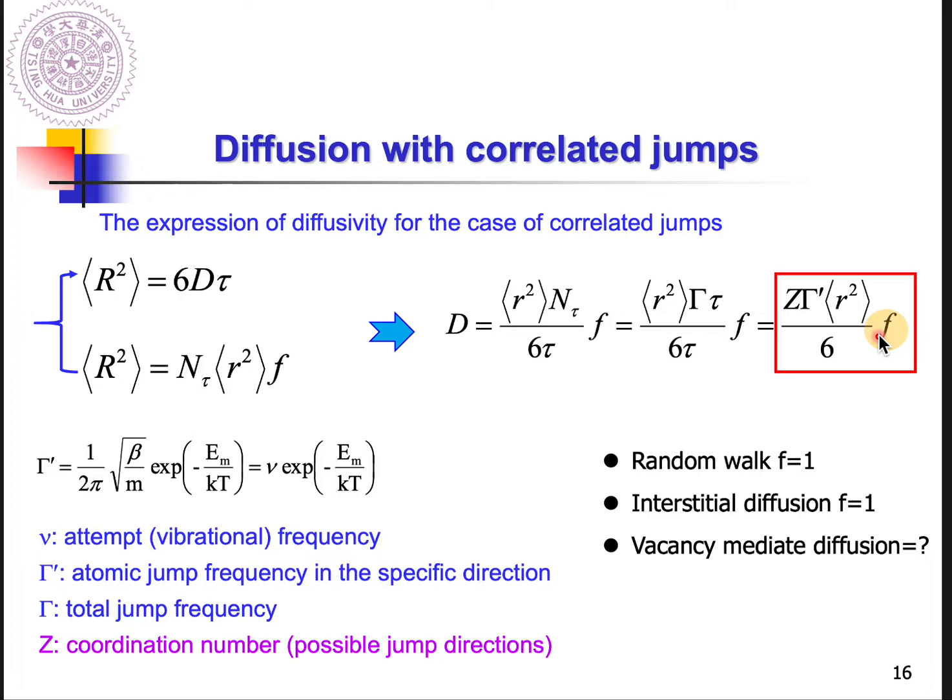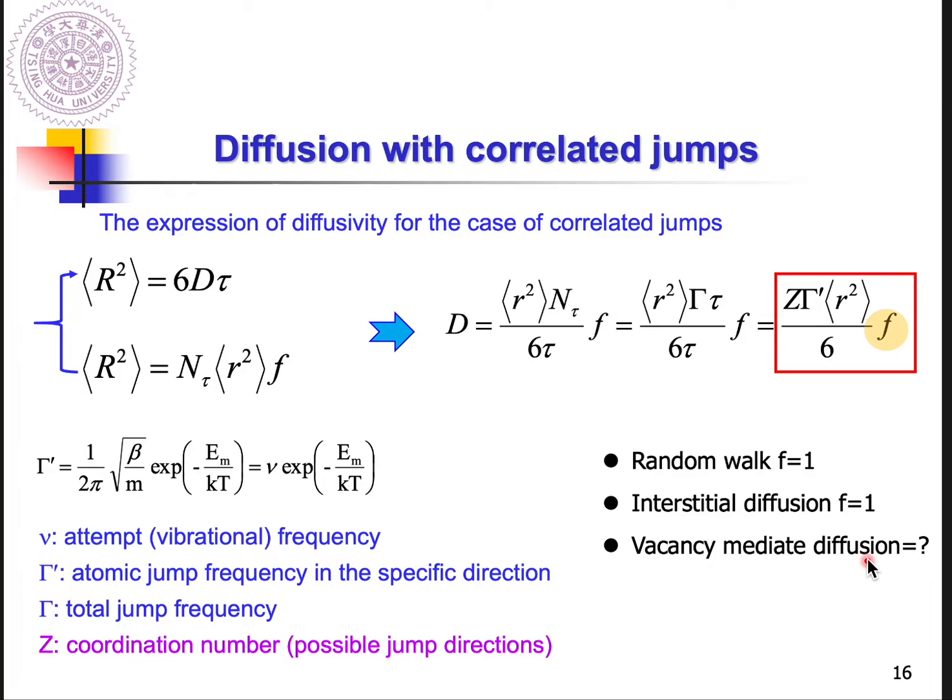For the vacancy, the same, right? A vacancy can move to any site. If we have a vacancy at a substitutional site or lattice point, then the vacancy also can move anywhere. No limitations for a vacancy either, right? But let's consider vacancy mediated diffusion. What is vacancy mediated diffusion?